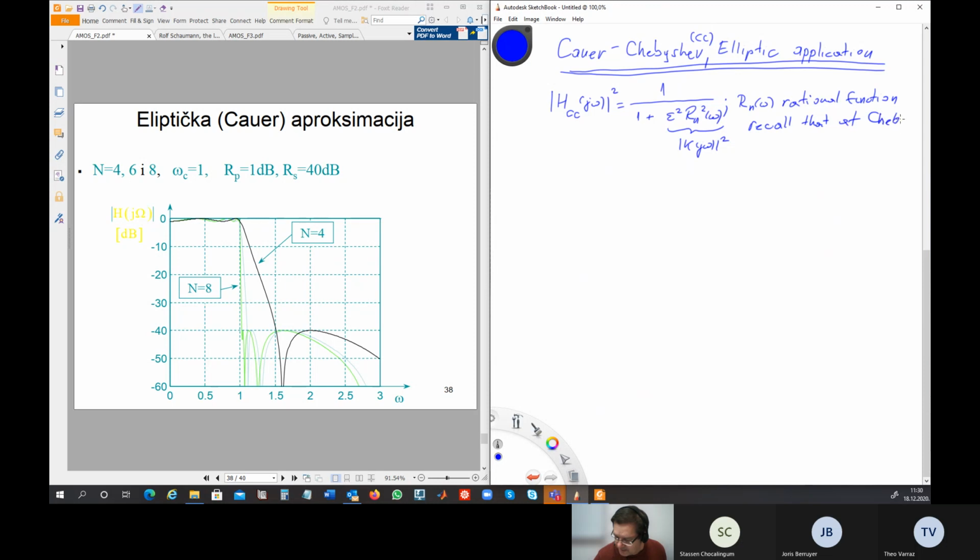Recall that at Chebyshev, there was Tn of omega, which is a polynomial. So the two most important words here are polynomial and rational function. Okay, so what is the difference between a rational function and a polynomial? A polynomial was before at Chebyshev.